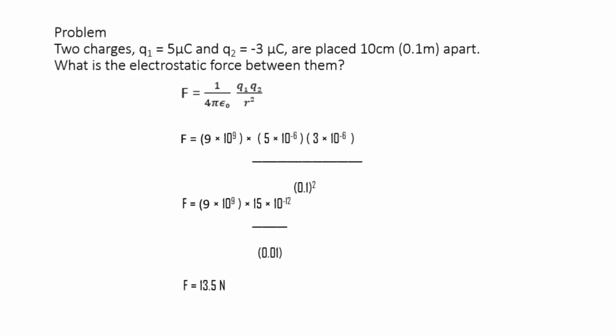We use the formula F is equal to K Q1 Q2 divided by R square. We already know the constant value K is 9 into 10 power 9. We substitute this value and the two charge values that are given: 5 into 10 power minus 6 into 3 into 10 power minus 6, divided by the distance 0.1 whole square.